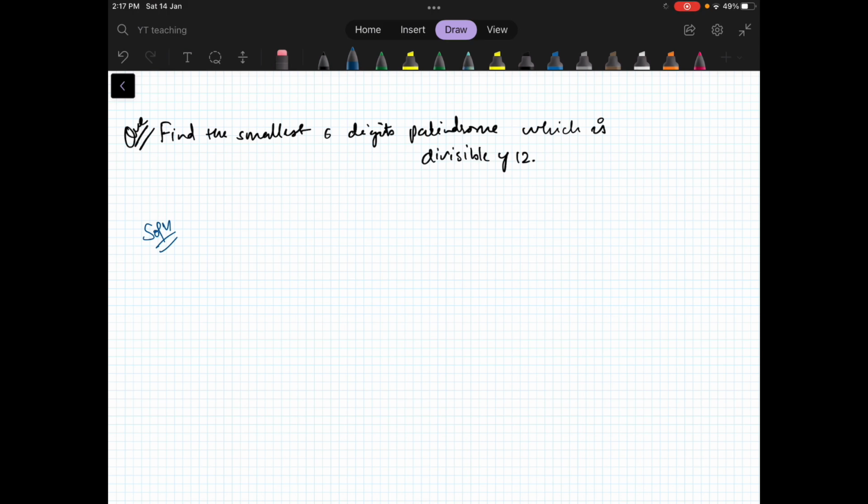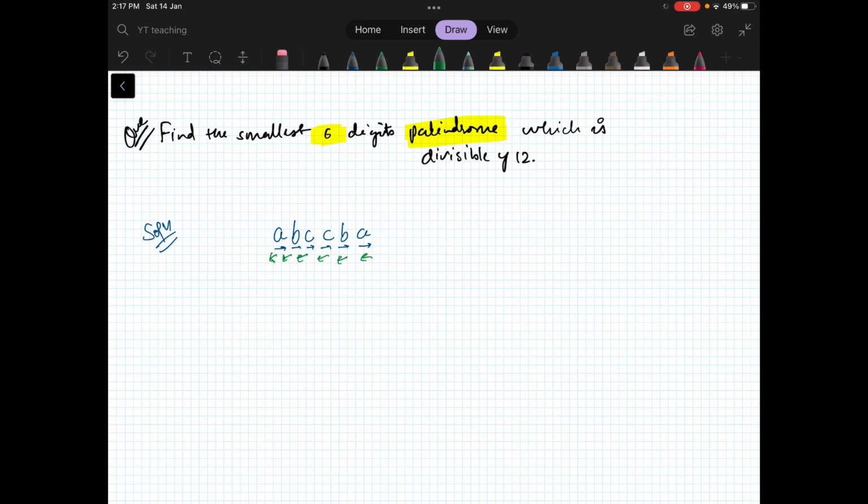Now you see, what should be your clue here? You are saying that the number is a palindrome, so you should start with this, right? And it is 6 digits, so you start writing the digits A B C, but because it is a palindrome, it will be C B A, because when you write from here and then from here, you should get the same number.